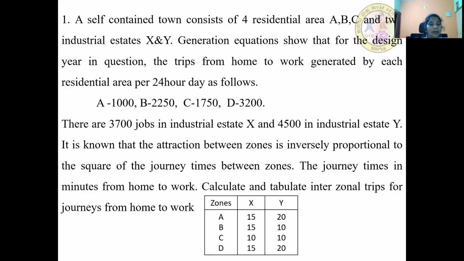Okay, then coming to a problem. In this, a self-contained town consists of 4 residential areas A, B, C and D, and 2 industrial estates X and Y. Generation equations show that for the design year in the question, the trips from home to work generated by each residential area per 24-hour day are as follows: A is 1000, B is 2250, C is 1750 and D is 3200.